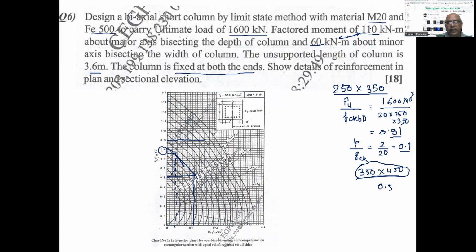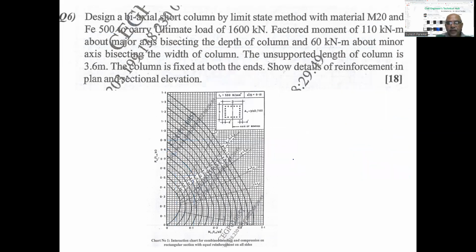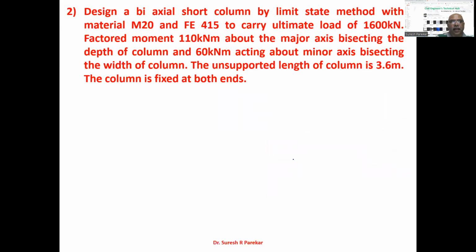And now we will go with the example. I have solved this example by considering two values. I will go in the next video with other values. So now we will go with the problem. Now we have this problem.